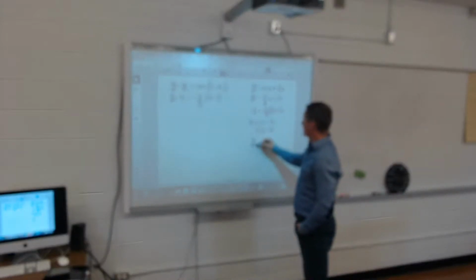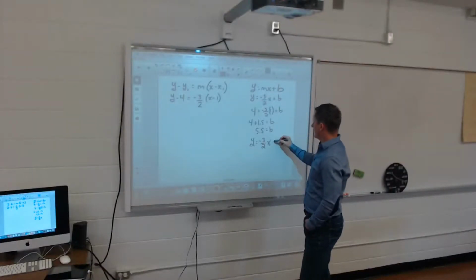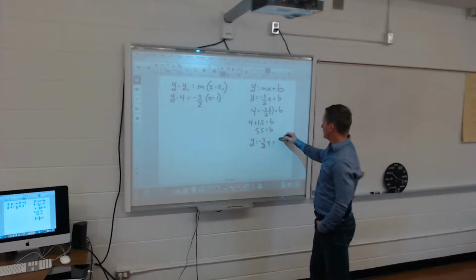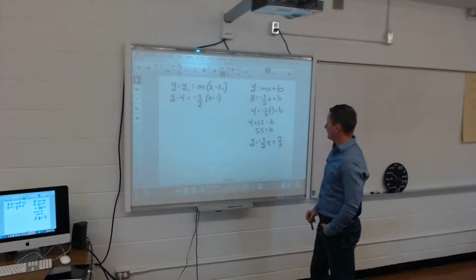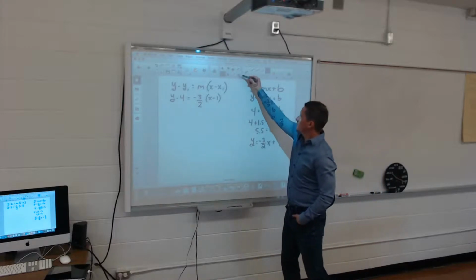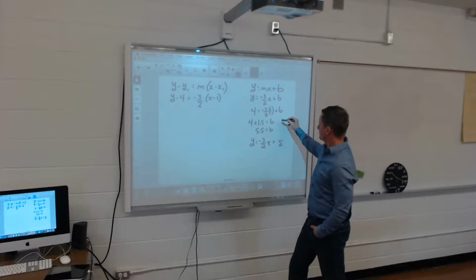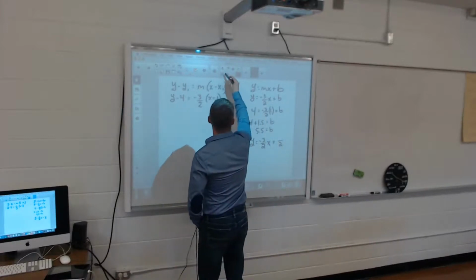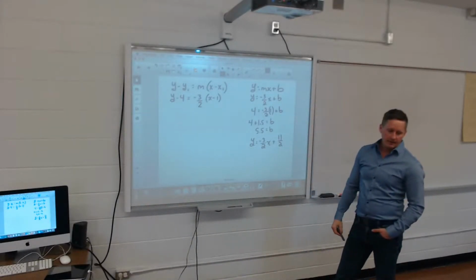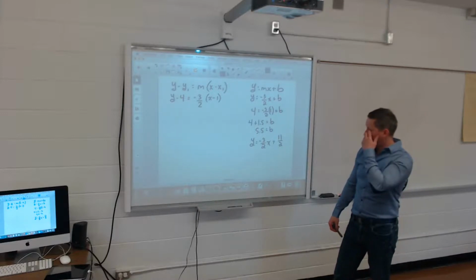So my equation then would be y equals -3/2x plus 5.5, or 11/2, depending on what you want to do. Is that 7/2? No, it's 11/2. Okay? So either one, if you put 5.5 for it, I'd be okay with it for now.